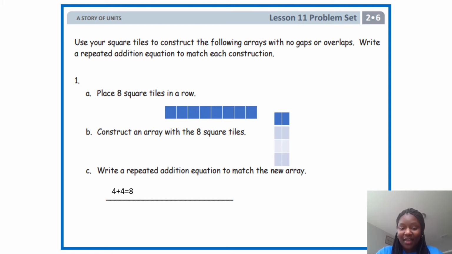Here we have 8 squares in a row for A. B, we have an array with 8 square tiles, 2, 4, 6, 8. And C, 4 plus 4 equals 8 is our repeated addition equation to match the array.